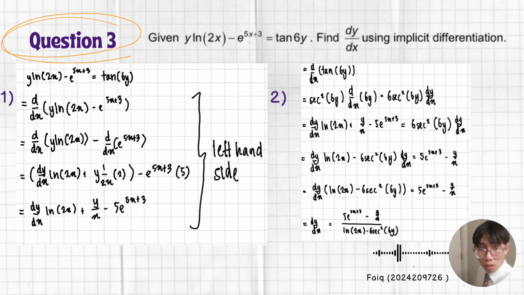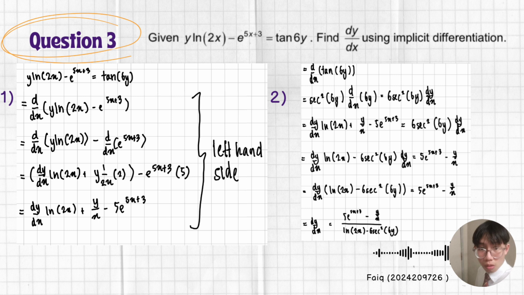Now we will equate the derivatives of the left and right sides: dy/dx ln 2x plus y/x minus 5e^(5x+3) equals 6 sec²(6y) dy/dx.